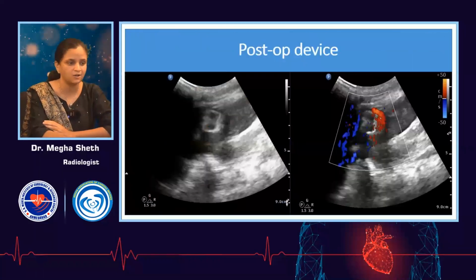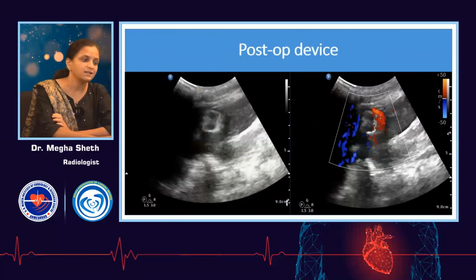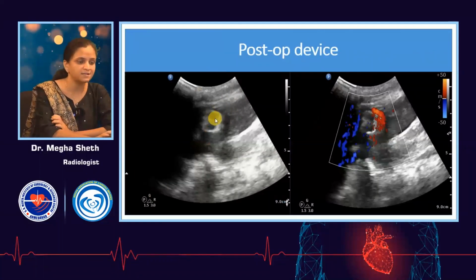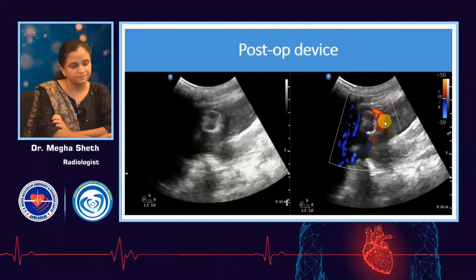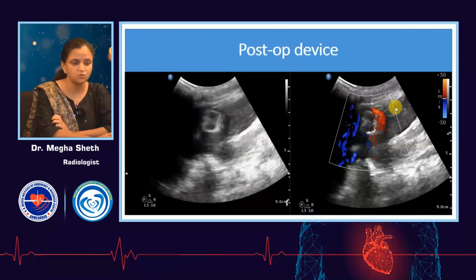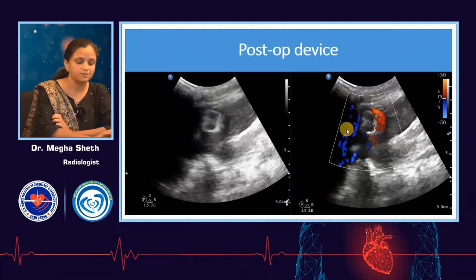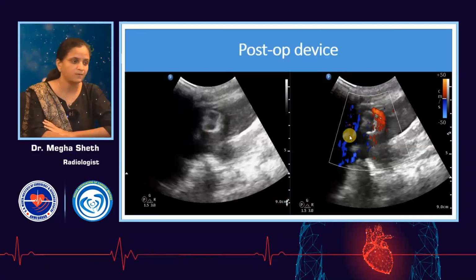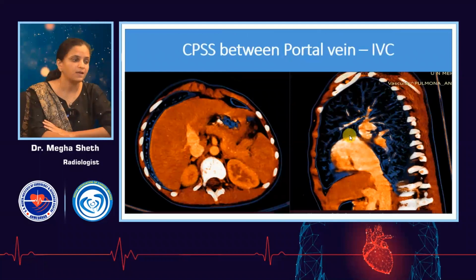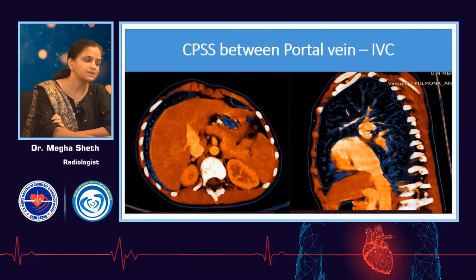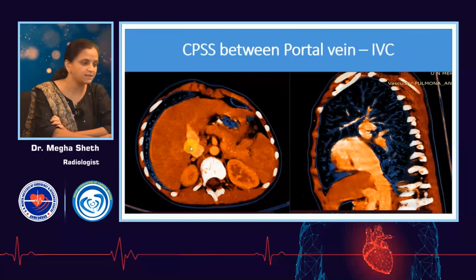This is a post-operative image after device closure. We can see the device, and this is also an image with device closure, and it was properly fitted. Okay, now this is another example of a portosystemic shunt between the portal vein and IVC. This is the communication.